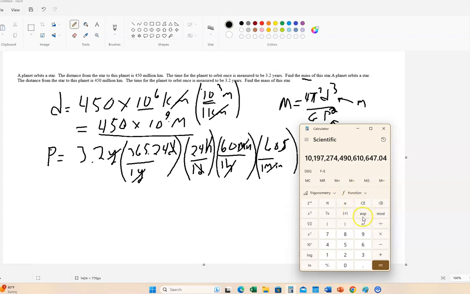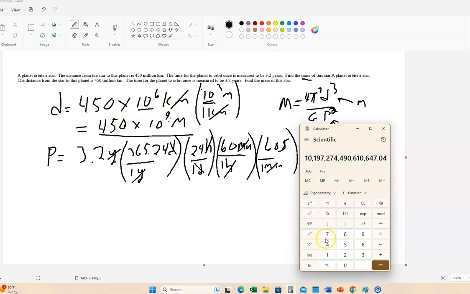The other thing, we already converted the distance. The distance is 450 times 10 to the 9th, which is billion, by the way, 450 billion meters.